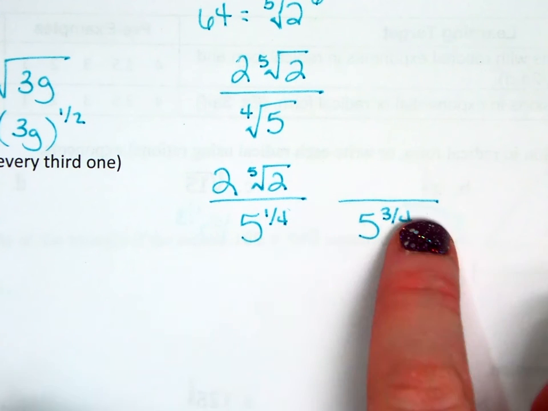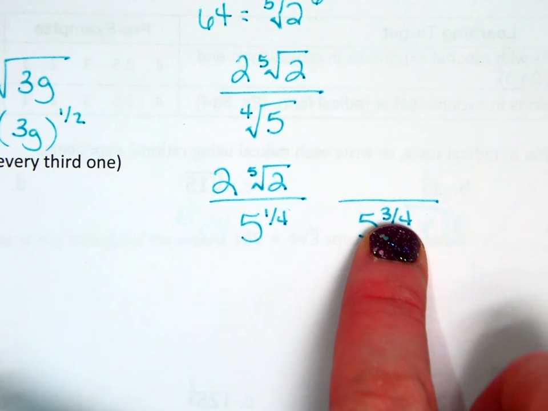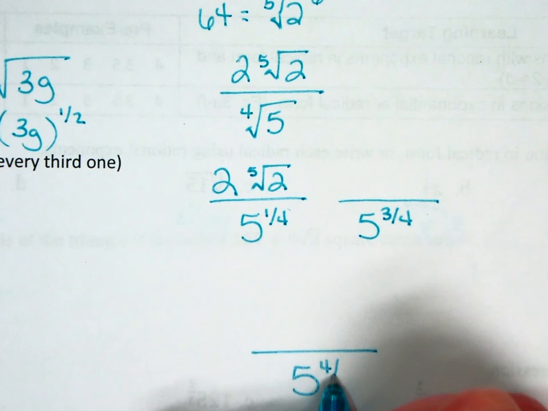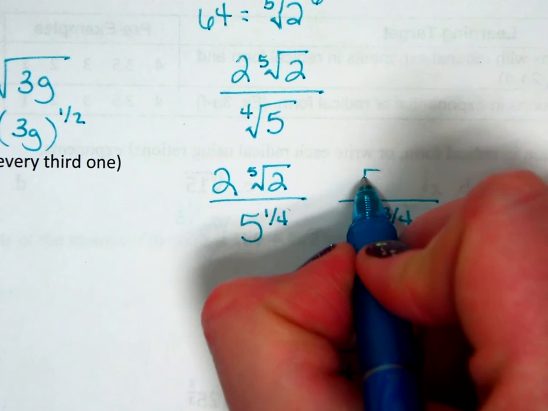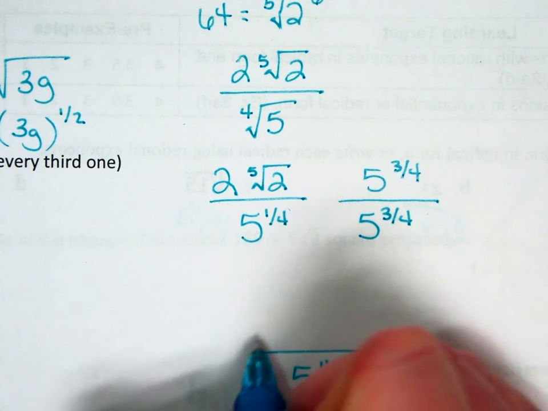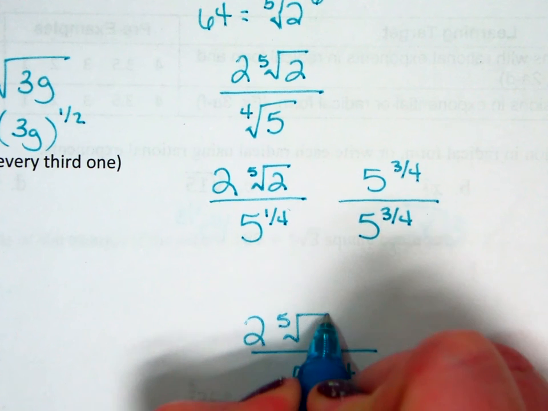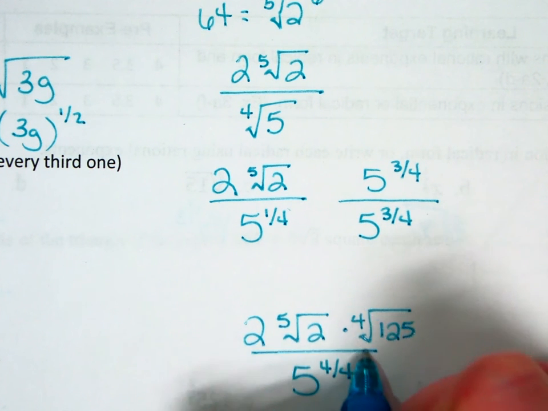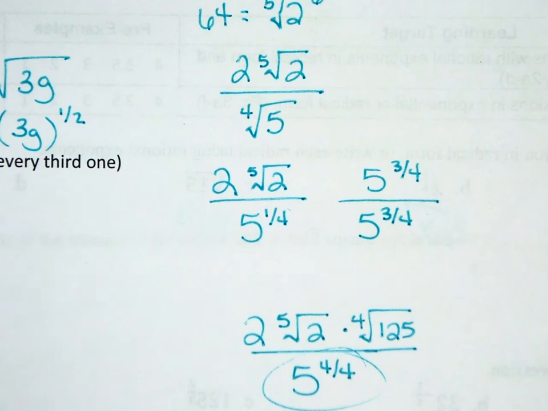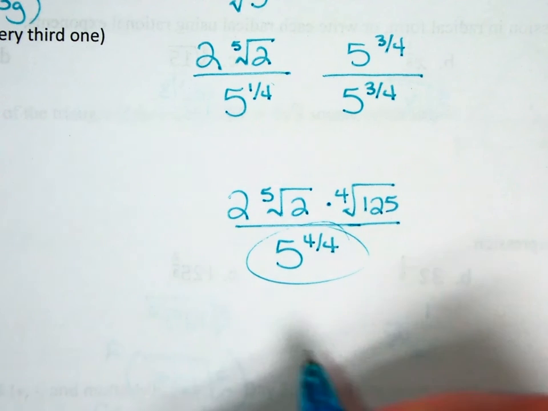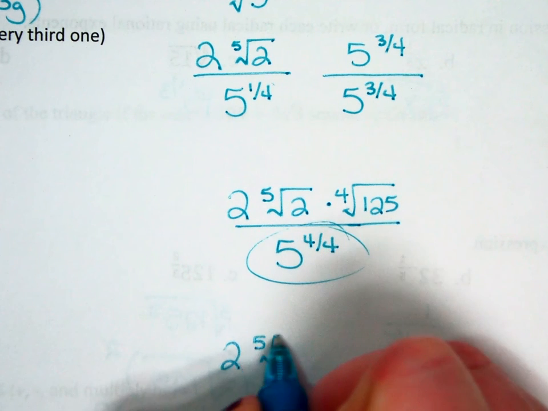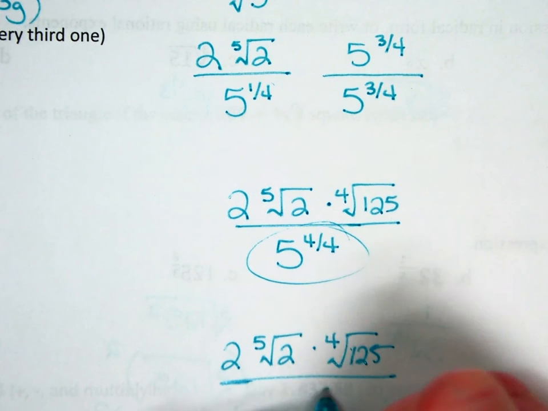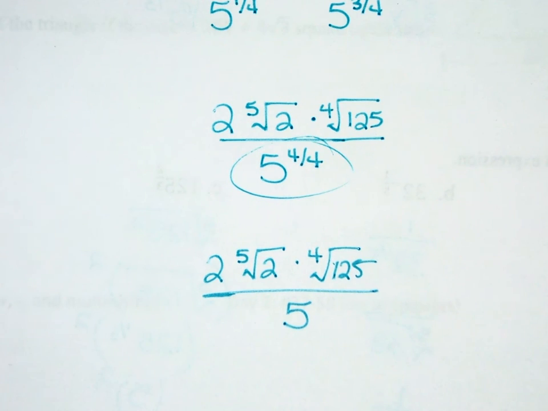If I add these two fractions together, because I'm going to multiply, they give me 4/4. So that's 5 to the 4/4. 5 to the 3/4 on top. So this would be 2 times the 5th root of 2 times the 4th root of, technically, 125. And this simplifies to be just 5. So my final answer is 2 times the 5th root of 2 times the 4th root of 125 over 5. So that's my final answer.